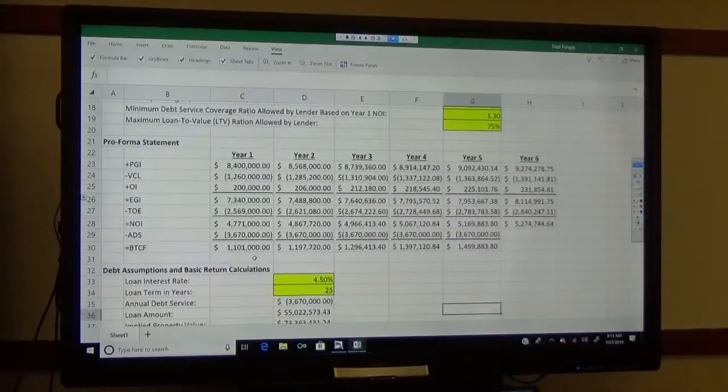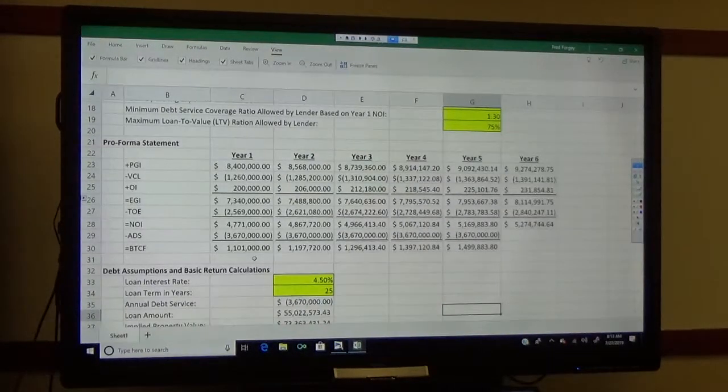So let's spend a little bit of time talking about those real quickly. The debt service coverage ratio is equal to the annual net operating income divided by the annual debt service.